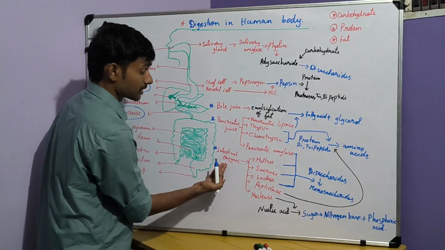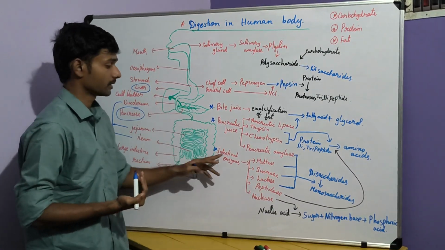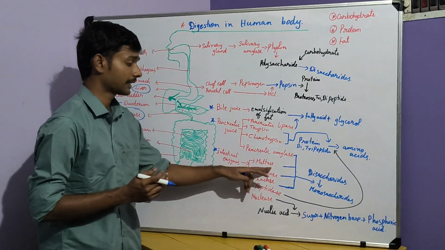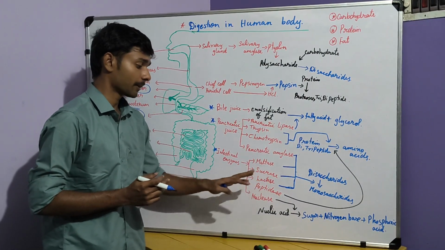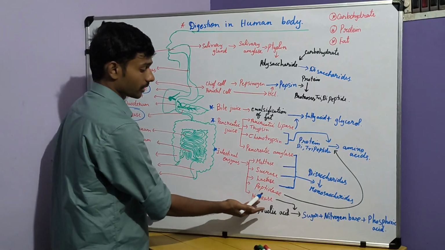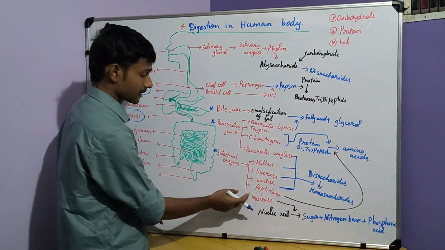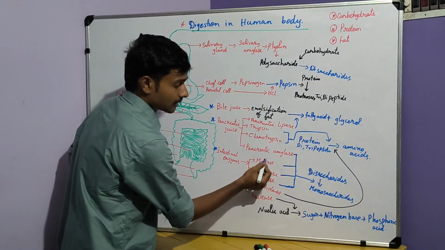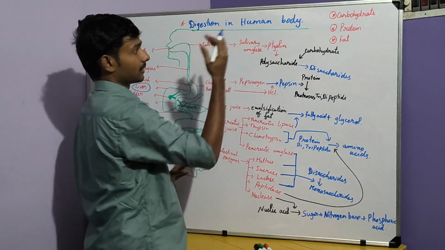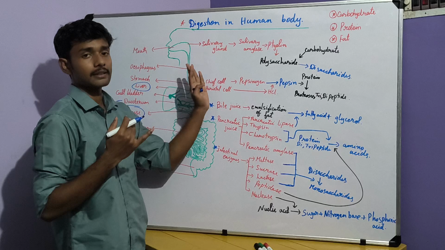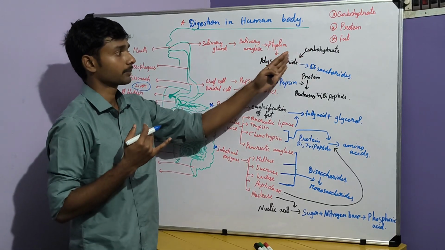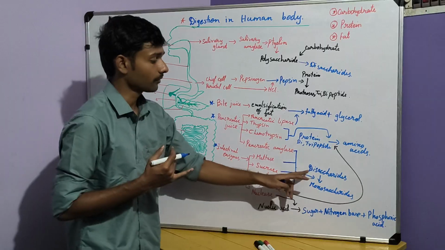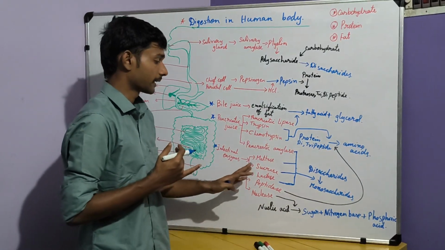Then in the small intestine, the duodenum, the intestinal juices get secreted. These include enzymes like maltase, sucrase, lactase, peptidase, and nucleases like nucleosidase and nucleotidase. Pancreatic amylase does the same as our salivary amylase: it is involved in the breakdown of polysaccharide, that is, carbohydrate matter.